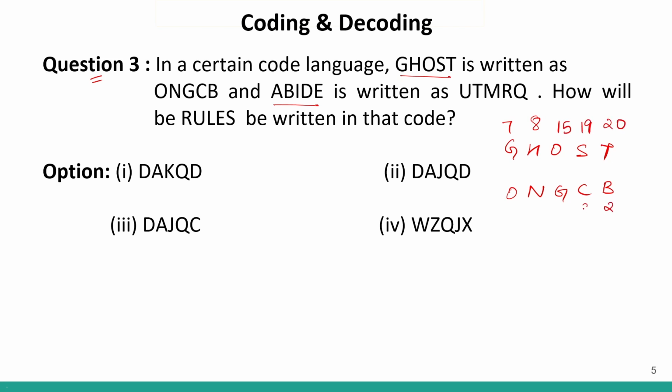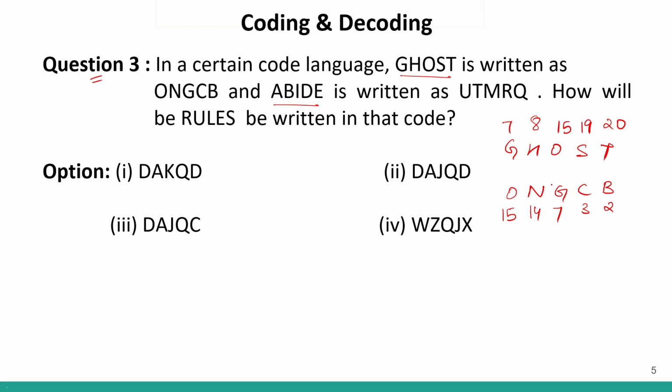For ONGCB, O is 15, N is 14, G is 7, C is 3, B is 2. But now I cannot see an order, because this is plus 8, this is plus 6, this is minus 8, and this is minus 16. So I cannot see a pattern.